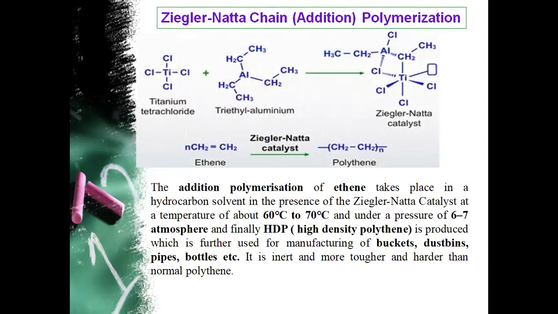Now let us understand one more specific use of a catalyst named Ziegler-Natta.